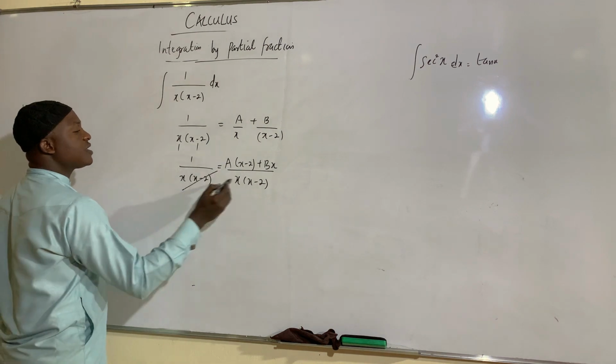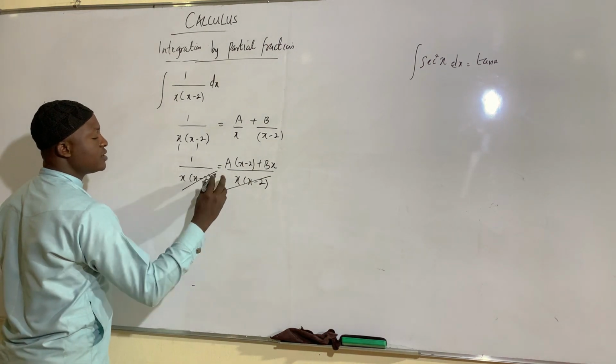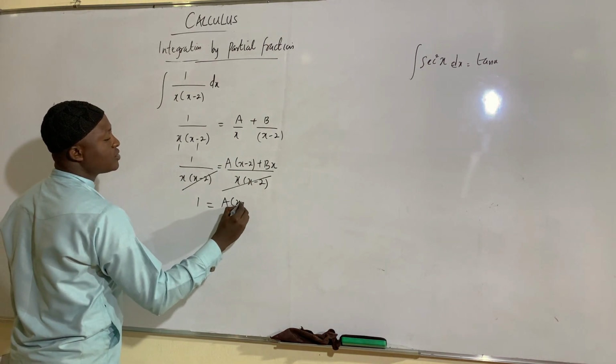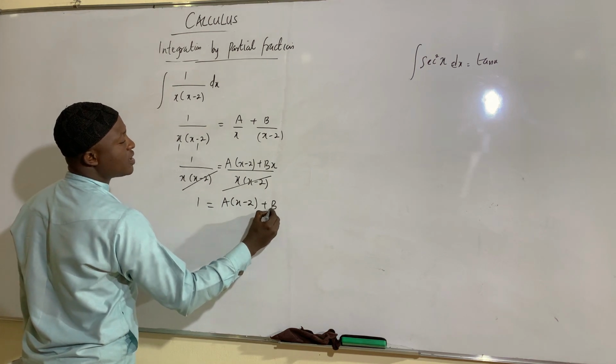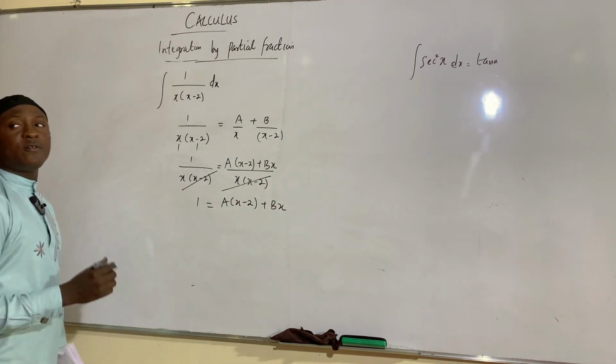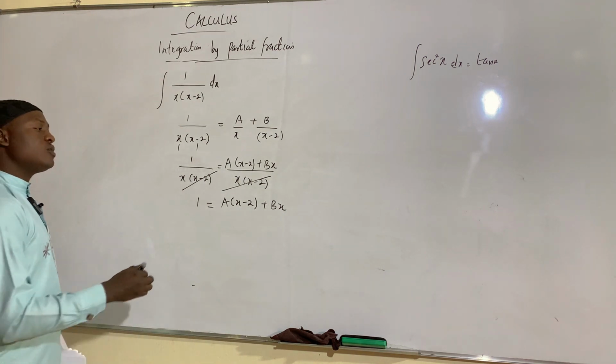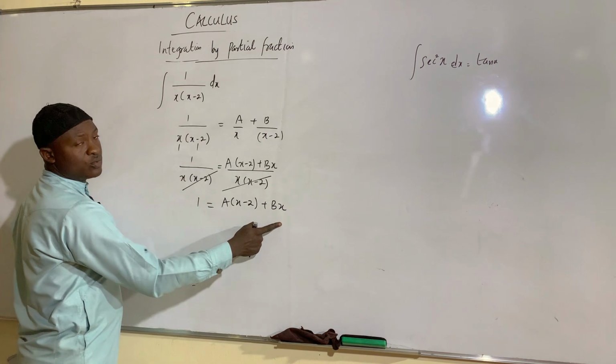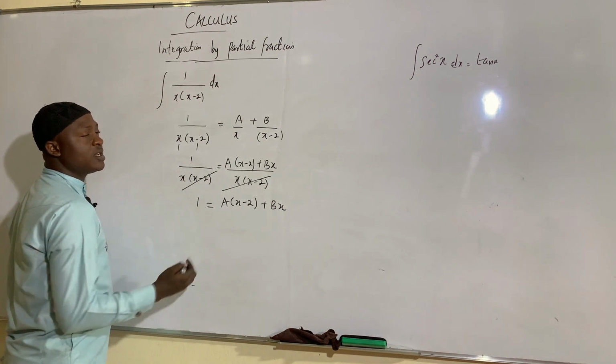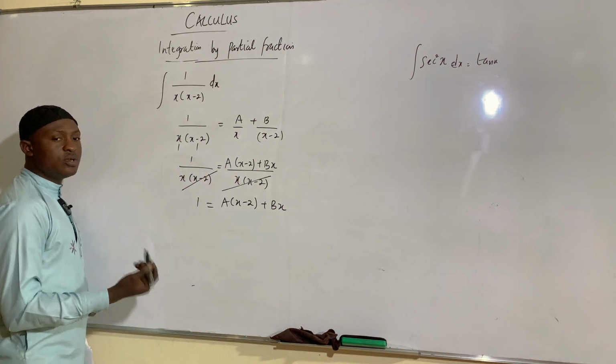Now if the denominators cancel, we have 1 equals A(x minus 2) plus Bx. I'm looking for A and B, but I cannot find the two at the same time. If I want to find A, I have to make B zero, and if I want to find B, I have to make A zero.